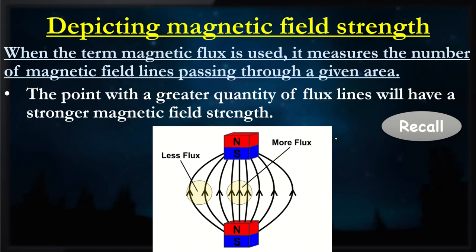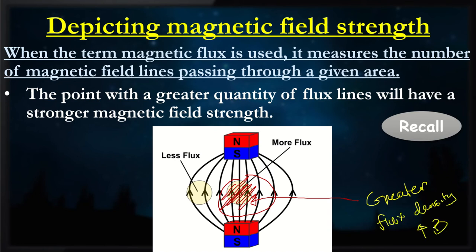So more flux, and also in this case, this spot here, we have greater flux density. So that means we have a strong magnetic field strength. We call this the B field. Here we have a lower flux density, so we expect a lower magnetic field strength.